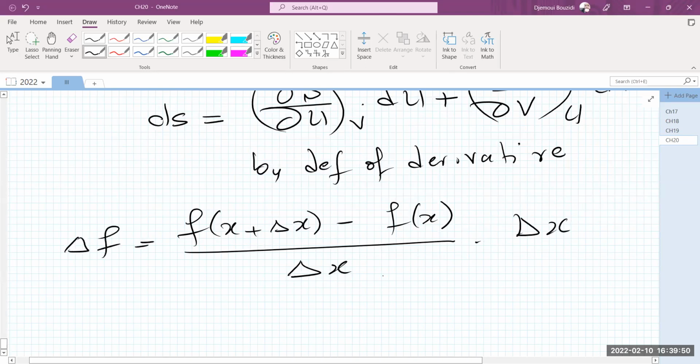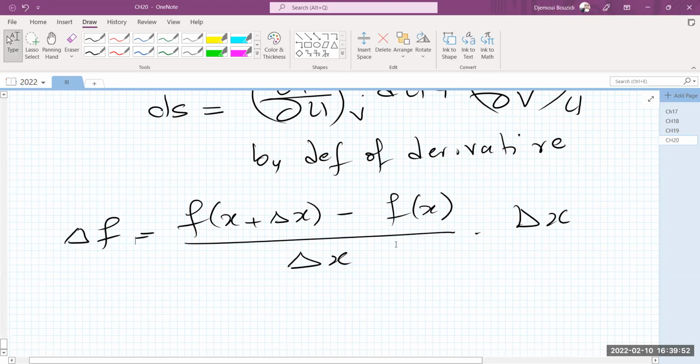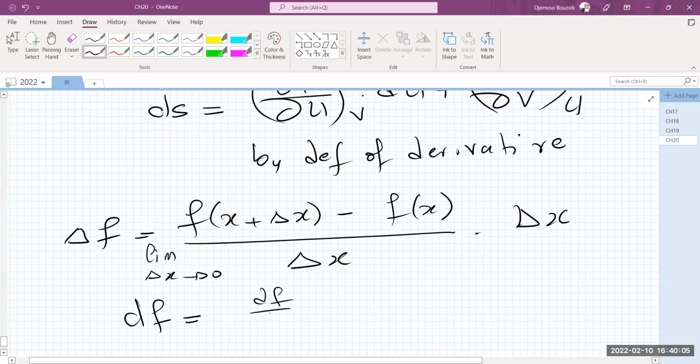You take the limit when delta x goes to 0, delta f then goes to 0, but it becomes by definition the df. This is the definition of the limit. The limit of this expression when delta x goes to 0 is by definition df over dx times dx, okay? So this is by definition this expression. Sounds good?